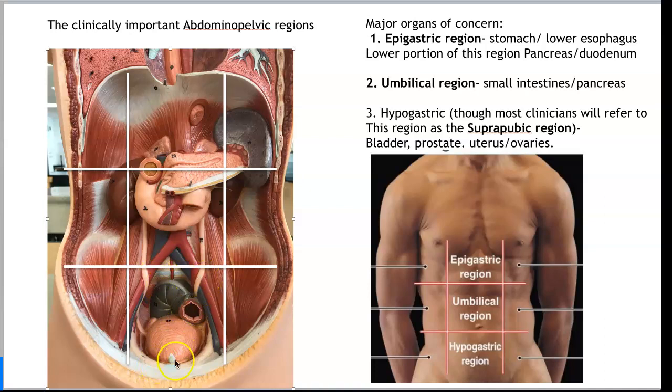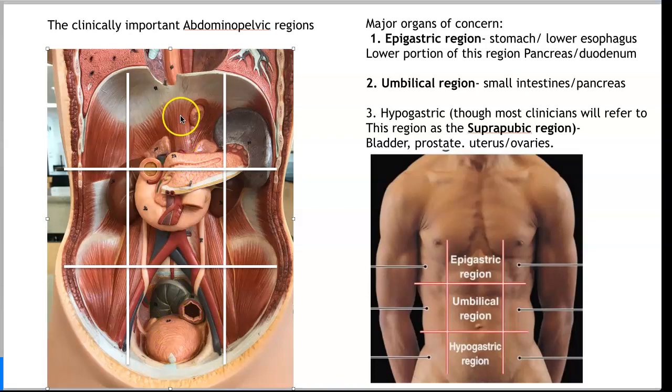So in this suprapubic region, say you have a 23-year-old female coming in complaining of pain with urination. Every time she pees, it hurts. And you do an abdominal exam, and when you are palpating, meaning you are checking her abdominal area, you palpate over this area and she has suprapubic pain, you're probably going to think she's got a bladder infection.